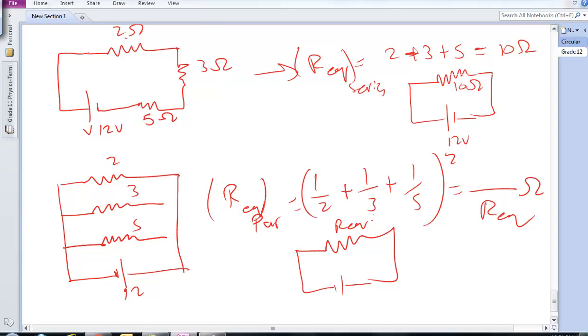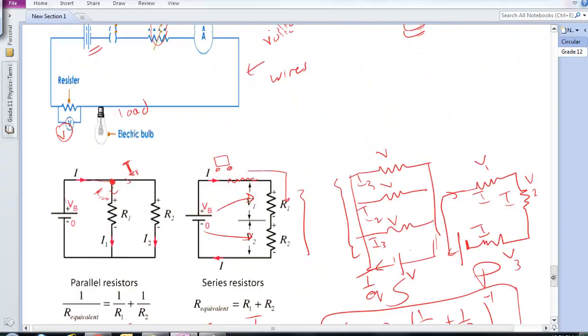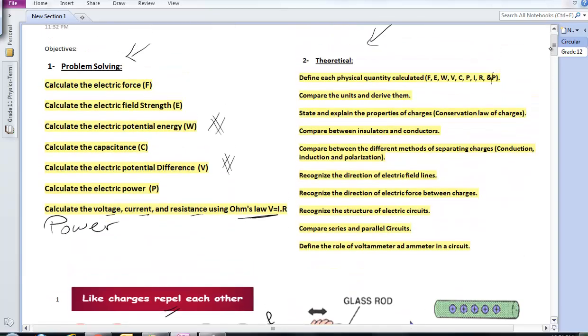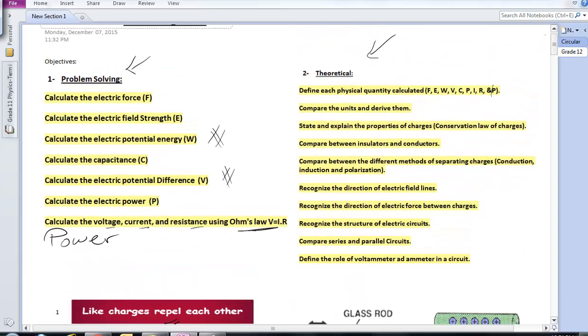So by now we have revised most of the theoretical component of this course. Again, we'll go to check our objectives: define each physical quantity calculated, compare the units, and again, a trick for doing this is to define the value from the law itself.